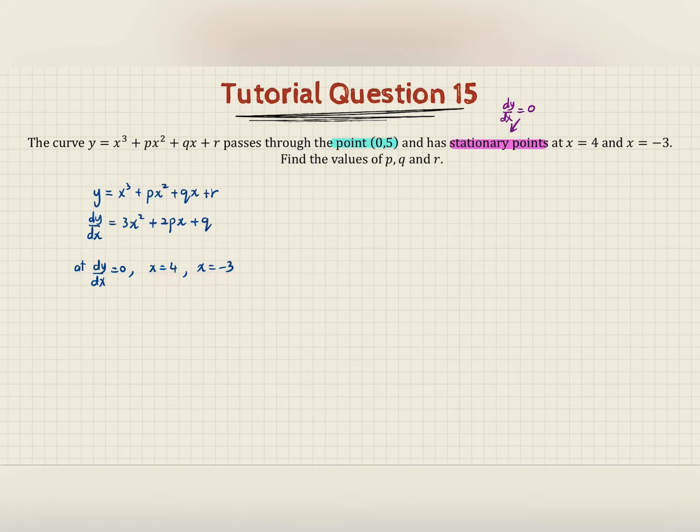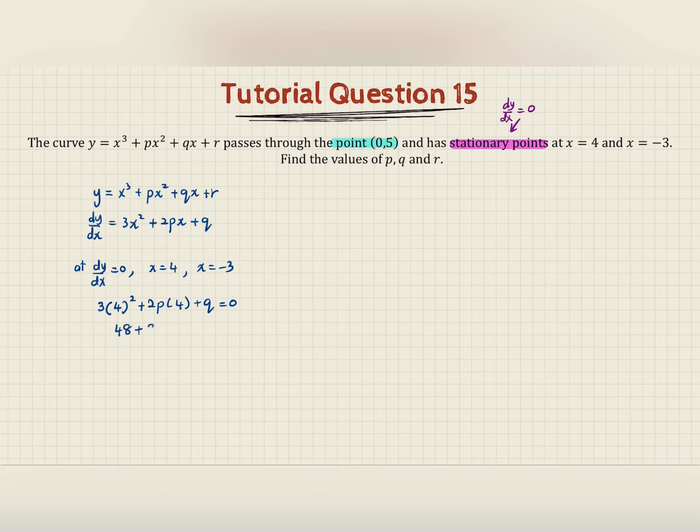Bila kita samakan equation ini equal to 0, kita akan dapat value 4 dan kita akan dapat x sama dengan negative 3. Kan? Lepas kita factorize and so on. So, kat sini kita akan terbalikkan je lah. Maksudnya, saya gantikan first 4 dalam equation derivative kita. So, 3(4) square plus 2p(4) plus q equals to 0. Okay, so kat sini dapat berapa ya?